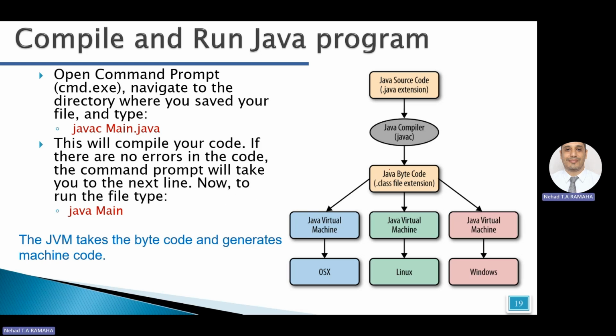The idea in Java, when they created the Java programming language, they thought about something called portability. You know what the meaning of portability is? Portable means it can be used in many places.